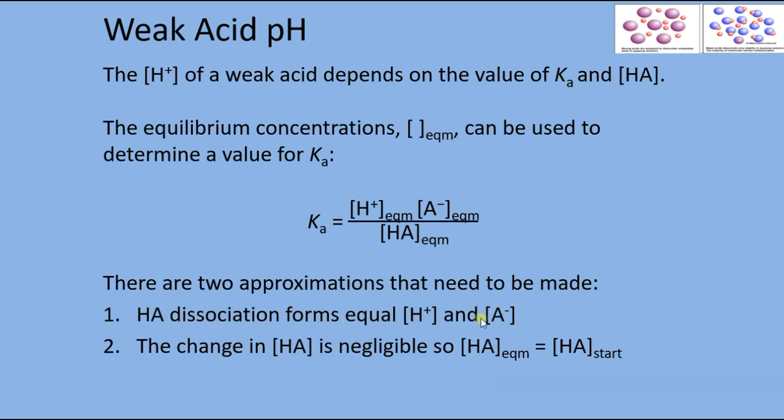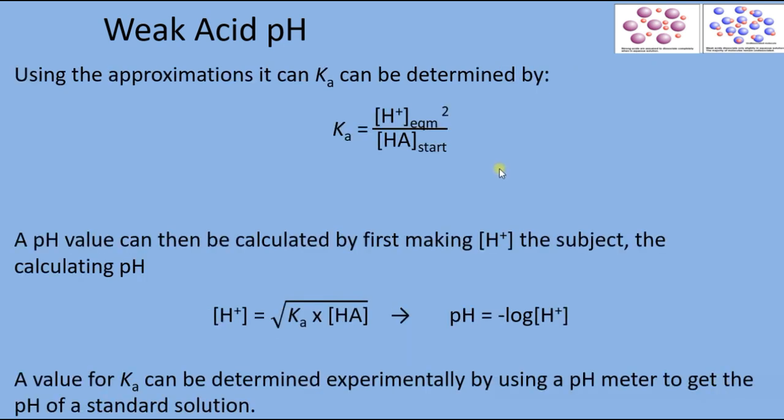And then the change in this, that's one thing. Dissociation forms equal amounts of H plus and A minus. So if one of these splits, you're going to have one each of these, right? So we're going to have the same number of H plus ions and A minus ions. That is the second approximation. So if you consider the original equation, Ka equals H plus times A minus, which is the conjugate base of the acid, divided by HA, the concentration of the acid itself.